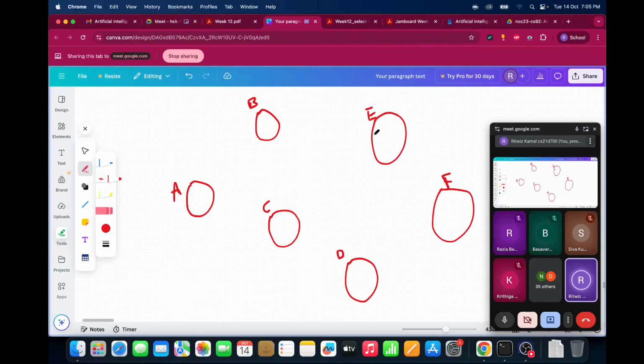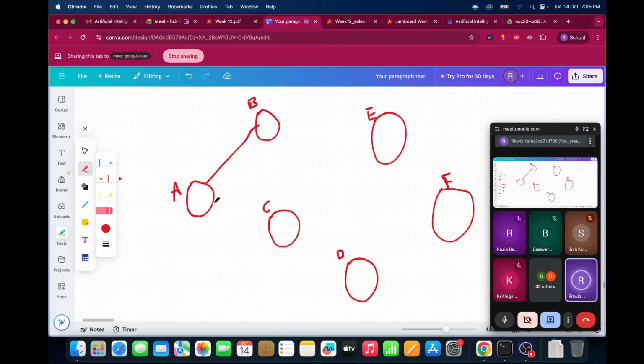Let's say we have 6 different parts of a map, and we have some connections between these different parts. We are told that A is adjacent to B. In the map, let's say these are 2 neighboring countries.